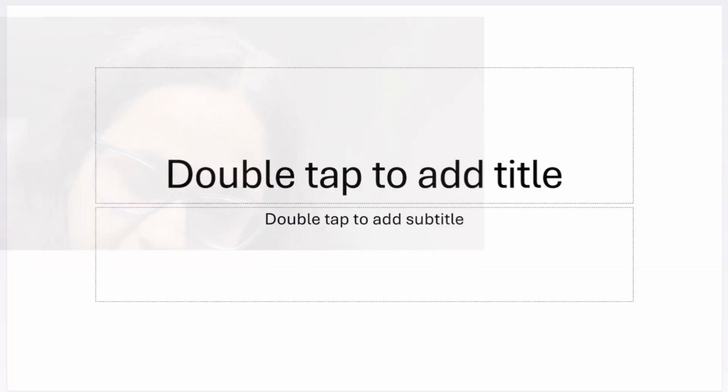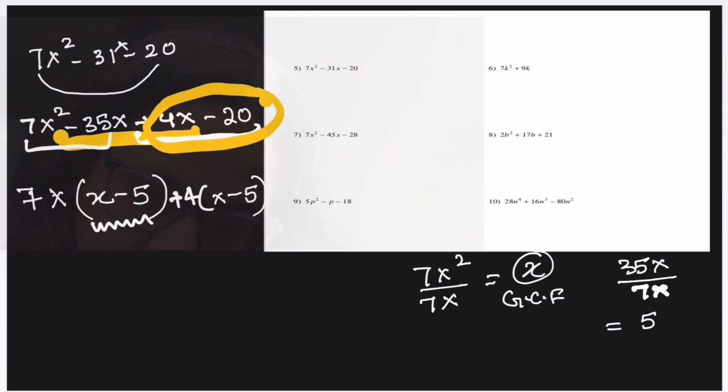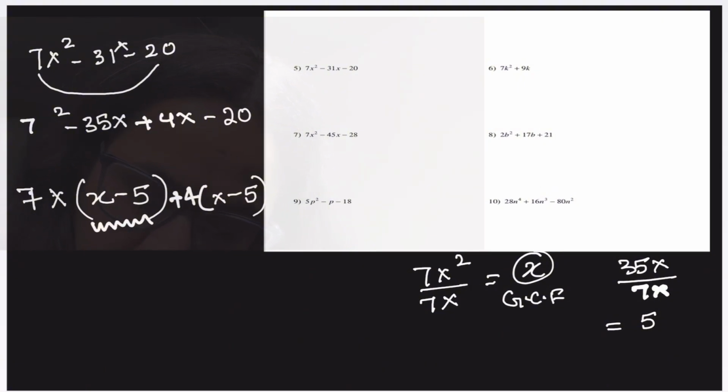So I'll just go ahead and erase this mess a little bit, and now we have our factors. Let's write them in our final answer. So x minus 5, common parentheses.